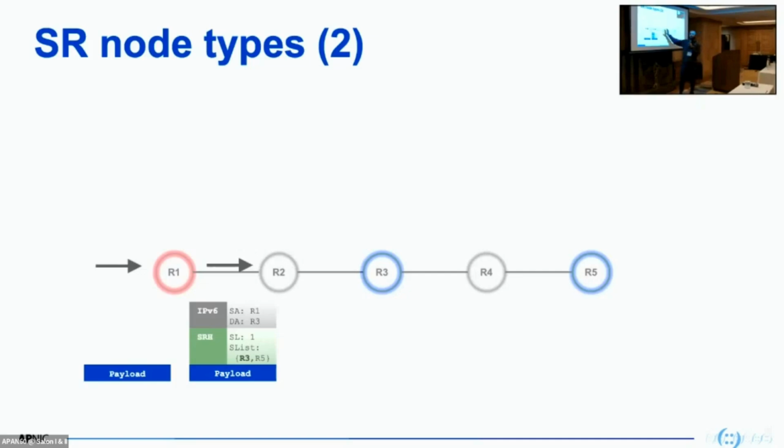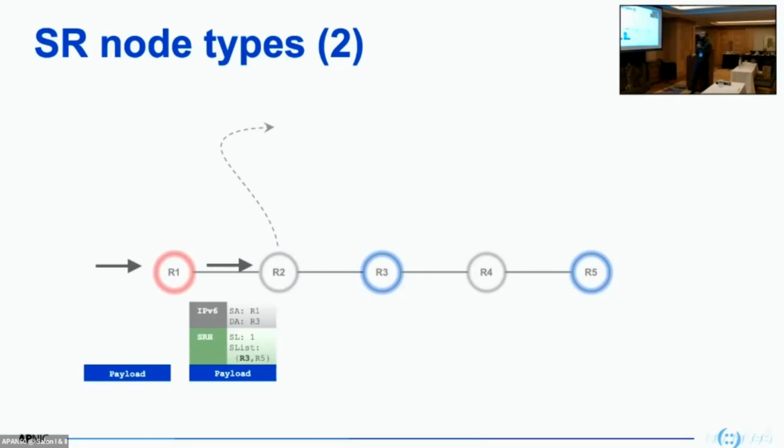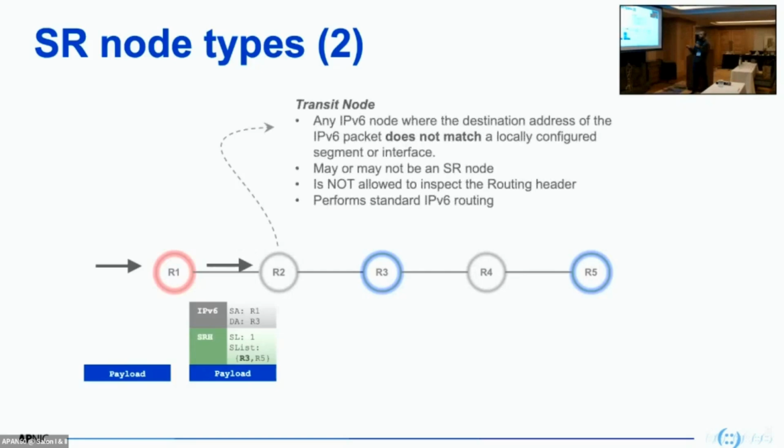Okay, now it's targeted to reach R3, not the ultimate destination. How I go to R3 again comes with best effort. So I'll choose the best path to go to R3. I'm not choosing the best path to the ultimate destination, but to my first active segment. So let's say via R2 is my best path to R3.